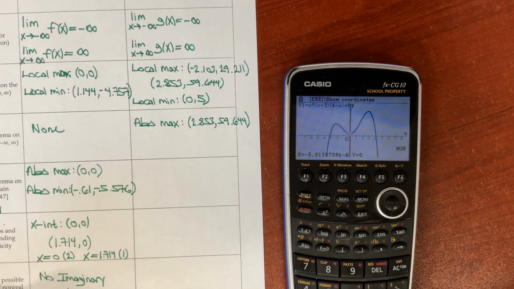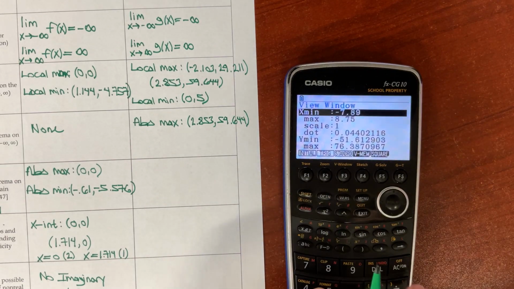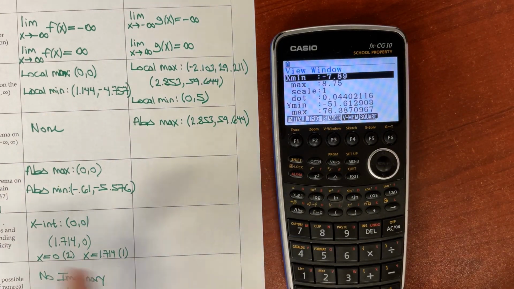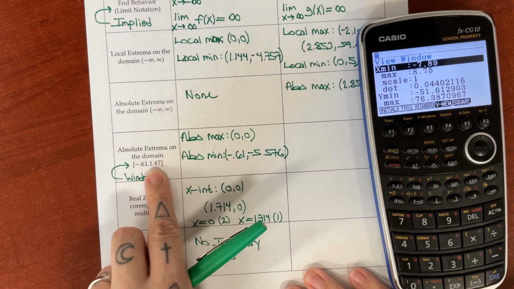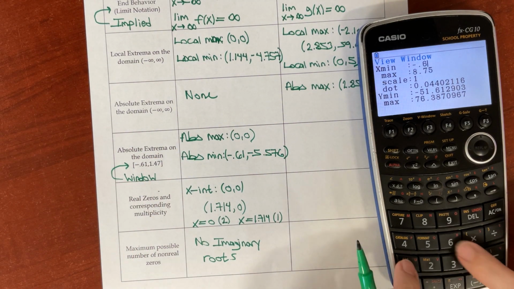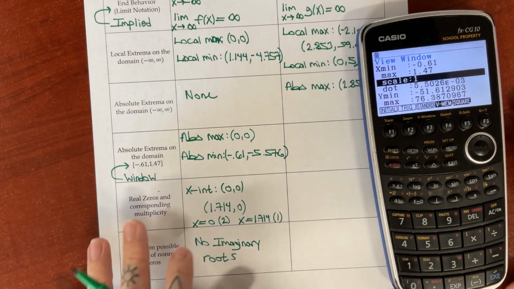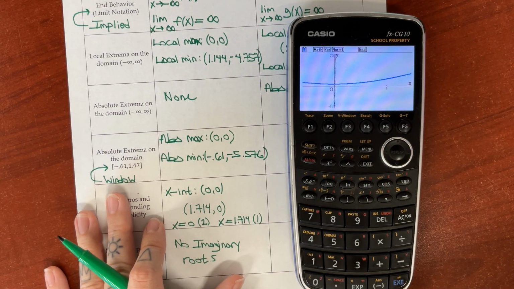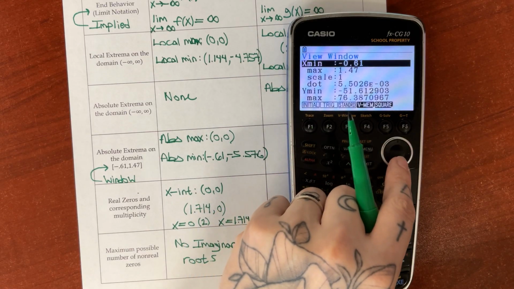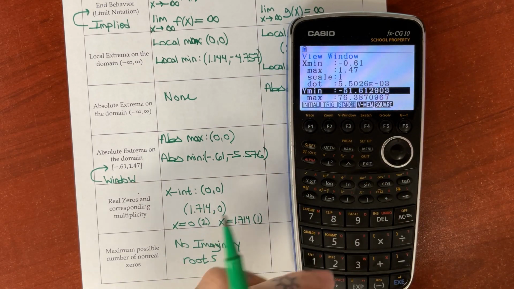All right, now we're going to do a closed interval. So once again, I'm going to go to V-Window, and I'm going to adjust my window. So we want the window of negative 0.61 to 1.47. So exit and then draw. I'm going to adjust my y values to make these a little bit more obvious.